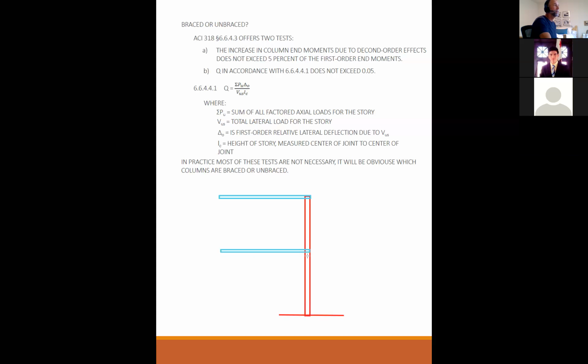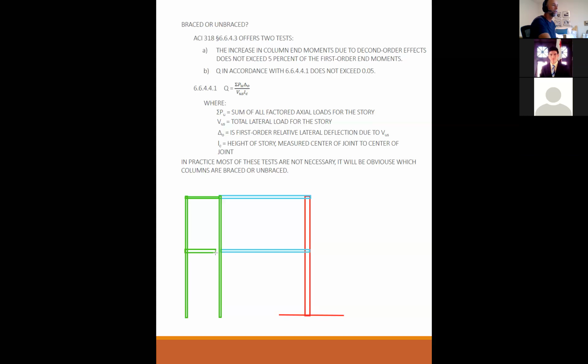But sometimes, and it's a very strange situation, it's not clear. Is this braced or is this not braced? The situation I can think of just offhand might be where maybe what you have over here is a steel system. Maybe this is tube steel.